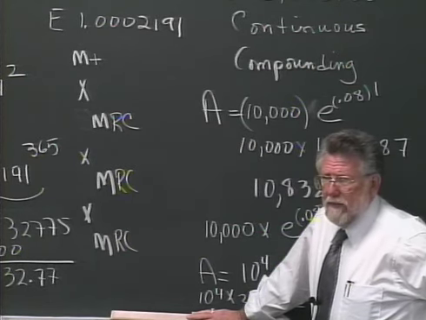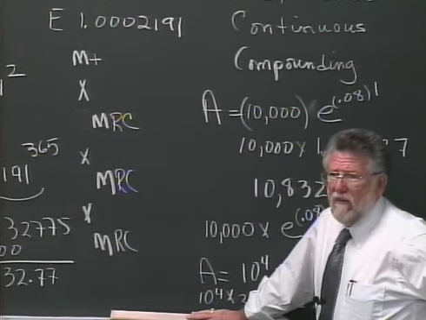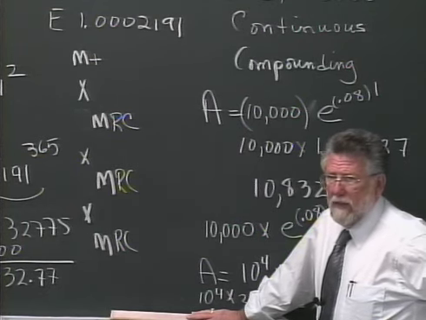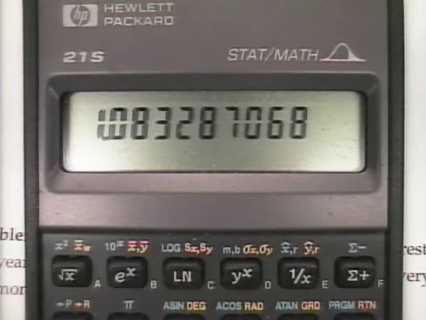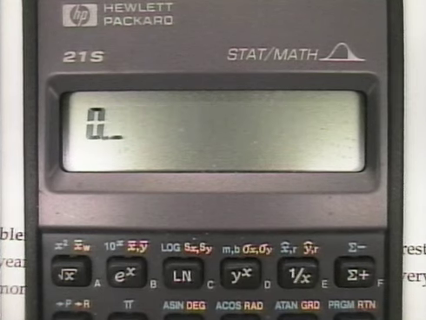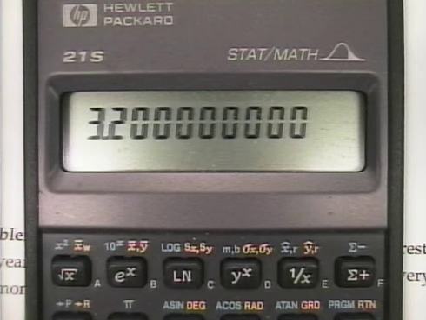Here's what you do. You take your 0.08 and multiply by 40. Okay, so let's come back to the document cam. We're going to take our 0.08 and multiply by 40. So let me enter that. 0.08 multiply by 40 years, and I get 3.2.